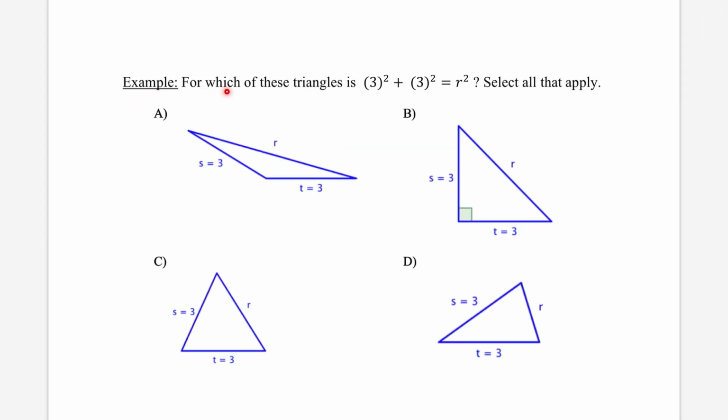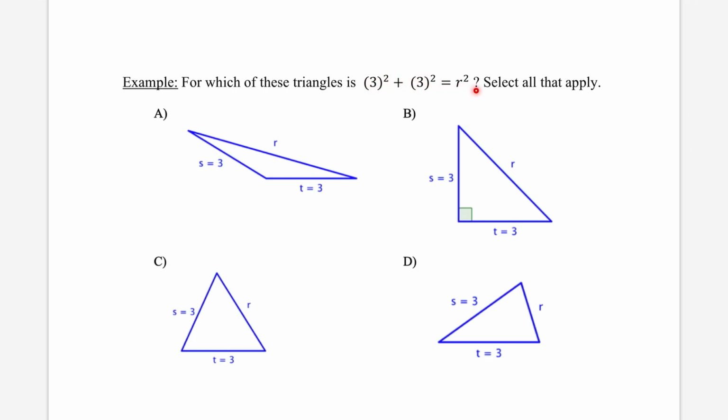Example: for which of these triangles is 3 squared plus 3 squared equals r squared? Select all that apply. They gave me 4 different triangles and they want me to select any triangle that satisfies this equation right here. A squared plus B squared equals C squared.